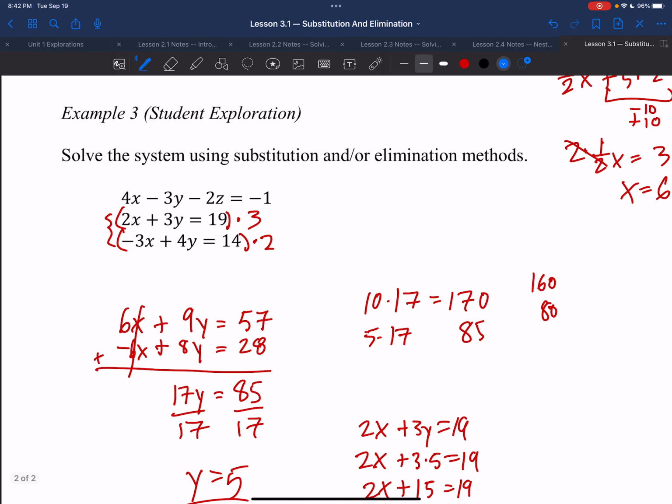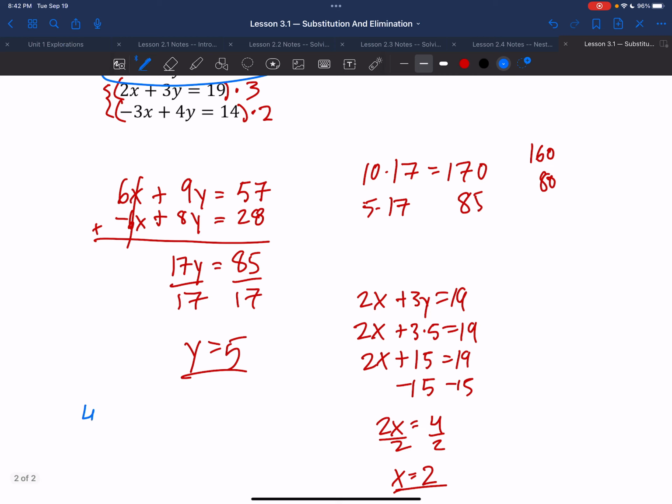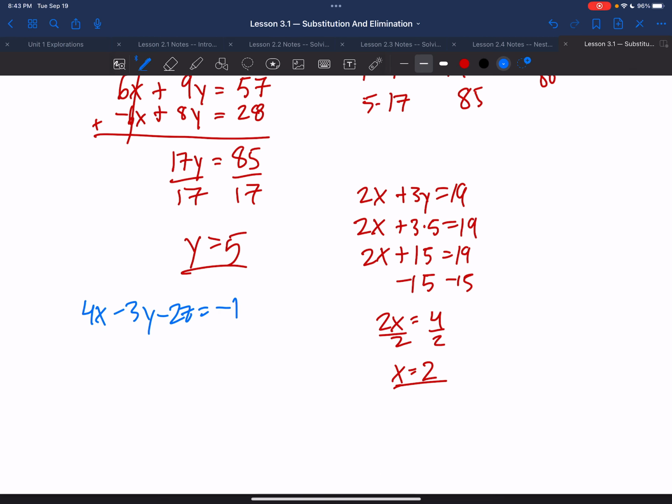And the equation at the very top is 4x minus 3y minus 2z equals, was it 1? Negative 1. But don't I know x and y, right? So 4 times 2, minus 3 times 5, minus 2 times z is negative 1.